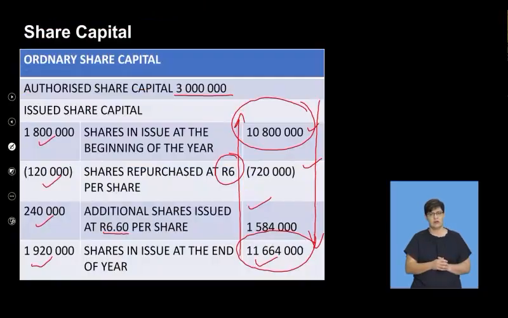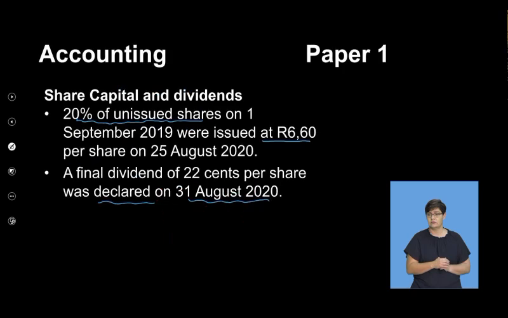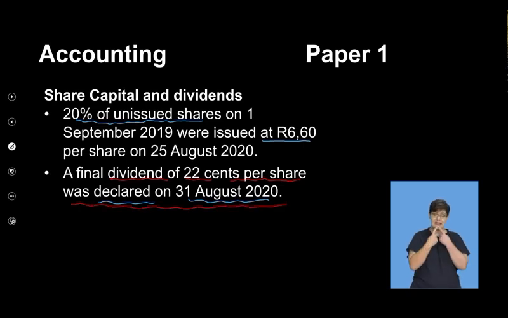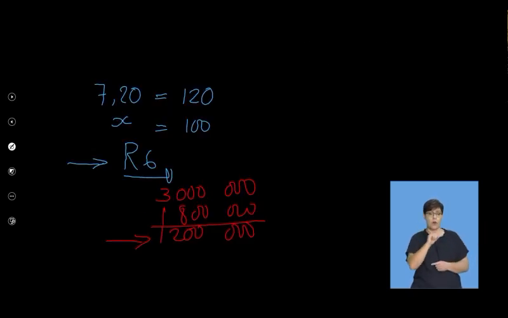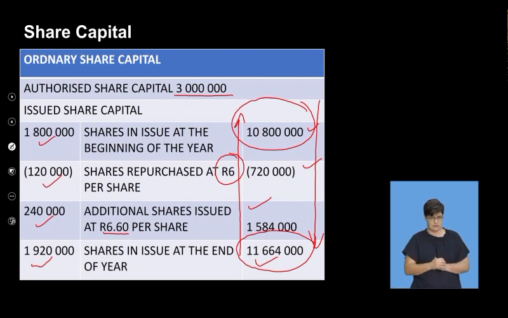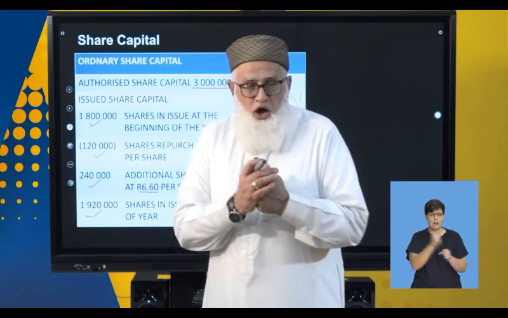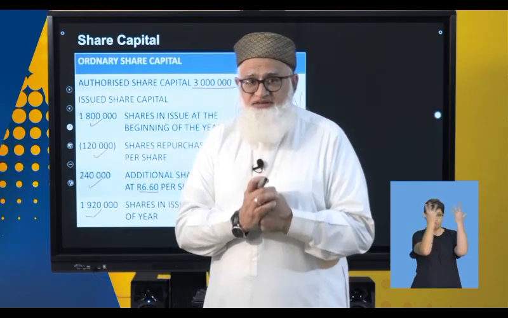Right. What else do we know about this year? We are also told in the question that a final dividend of 22 cents per share was declared on the 31st of August 2020, right? And the reason I put this here is to make you aware of the calculation of the dividend.